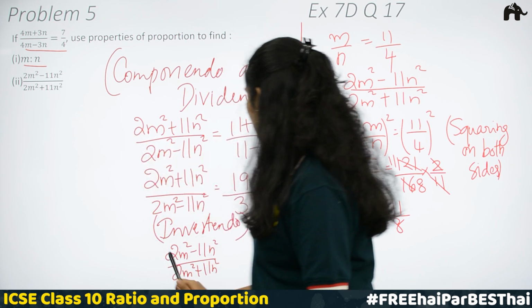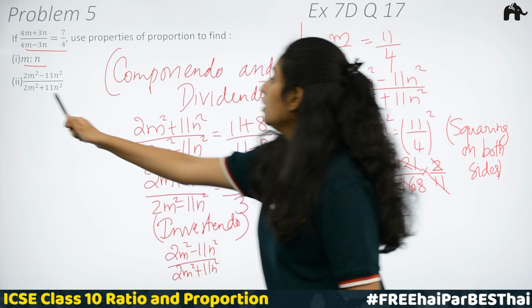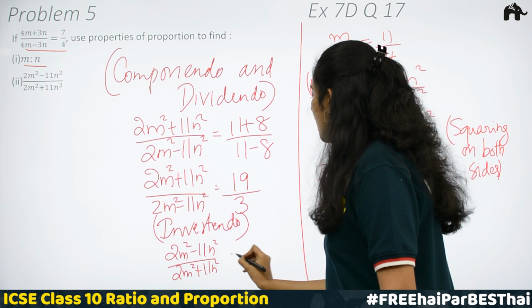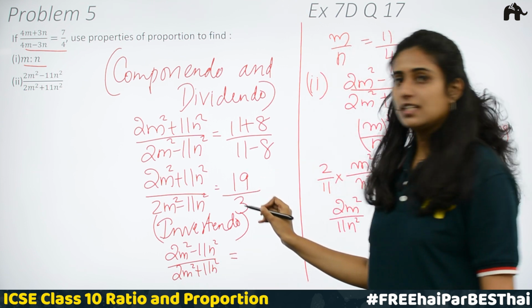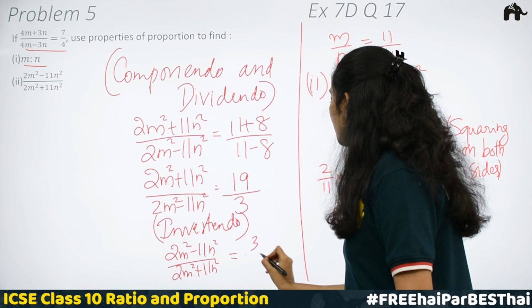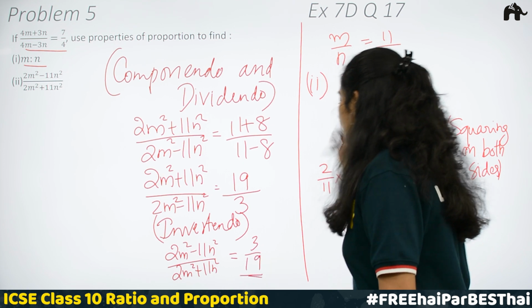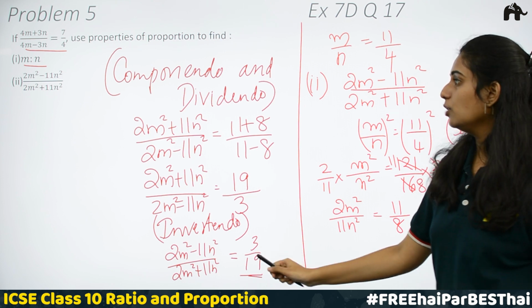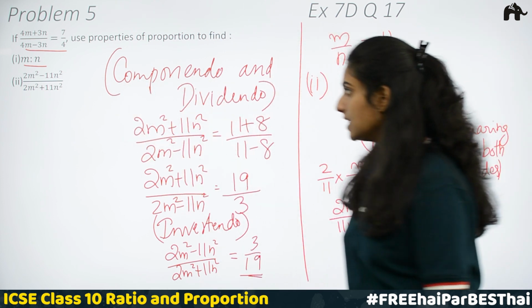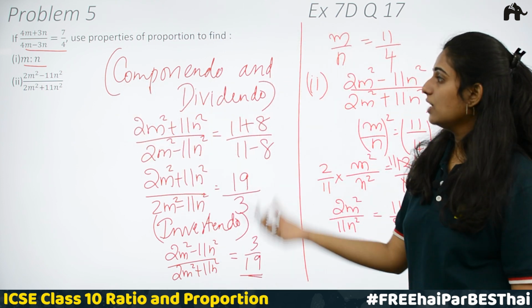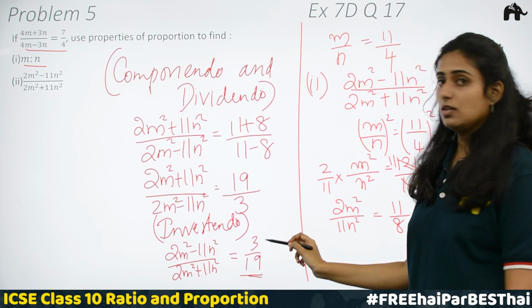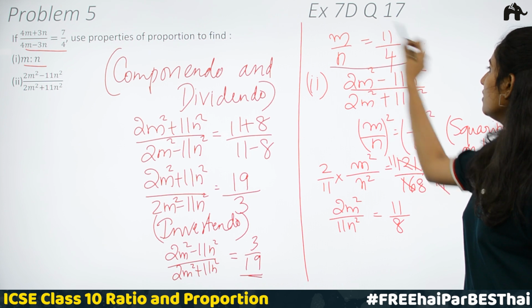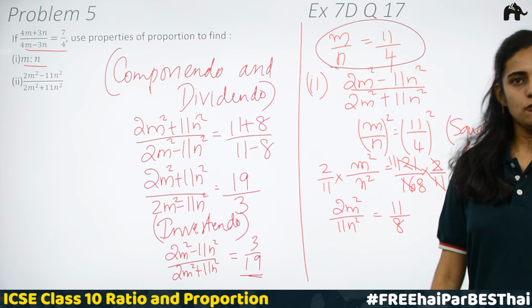RHS 19 by 3 becomes 3 by 19. So this is your final answer. The value of (2m square minus 11n square) divided by (2m square plus 11n square) is equal to 3 by 19. And first question, m by n we got, that is 11 by 4.